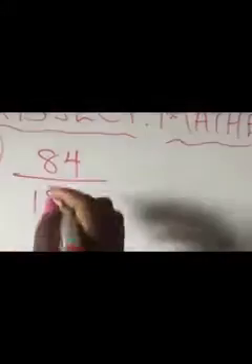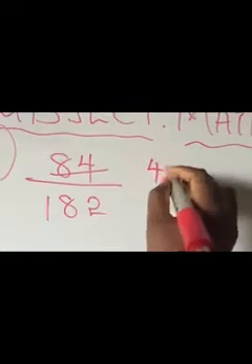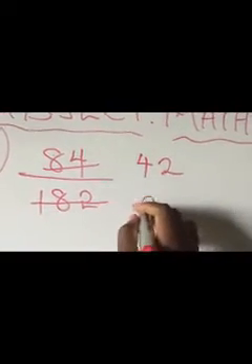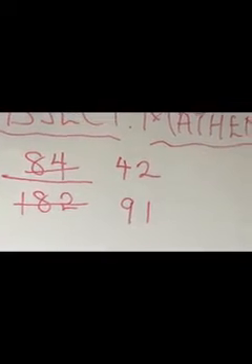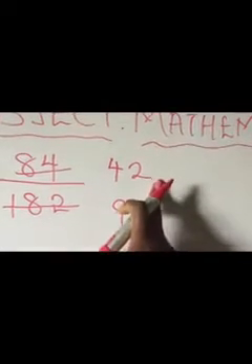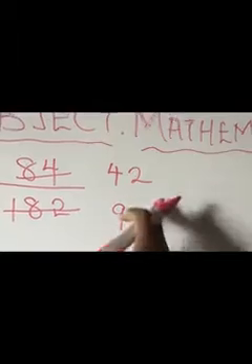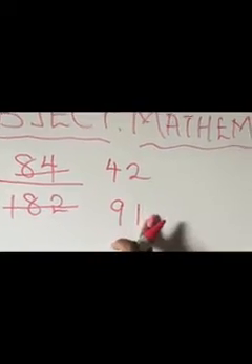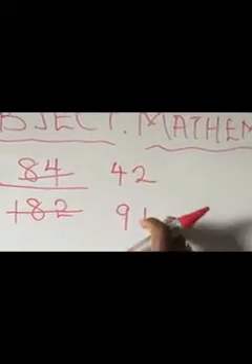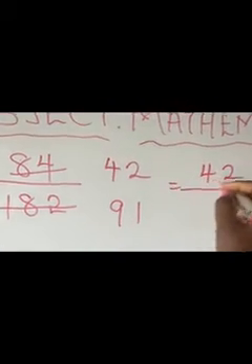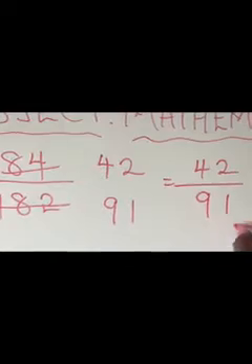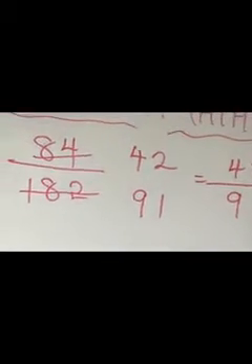So we start with 2. 2 here, 42, and 2 here, 91. Is there any other thing that can go with it? 2 can go here, but 2 cannot go here. 3 can go here, but 3 cannot go here. So looking at it, nothing else can go with it. So we leave the answer at 42 over 91.